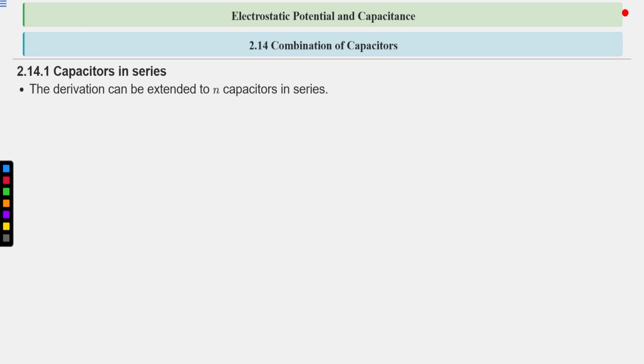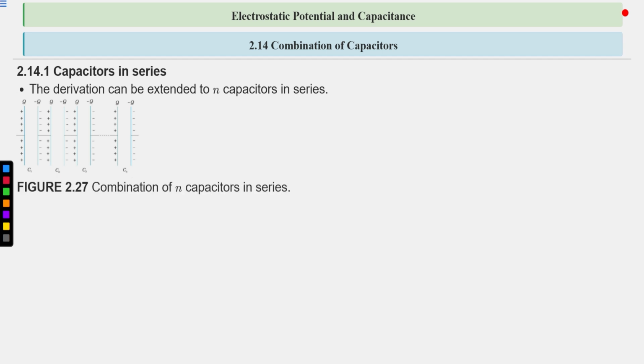The derivation can be extended to n capacitors in series. So this is the diagram. If n capacitors C1, C2, C3 up to Cn are connected in series, then V equals V1 plus V2 and so on up to Vn.